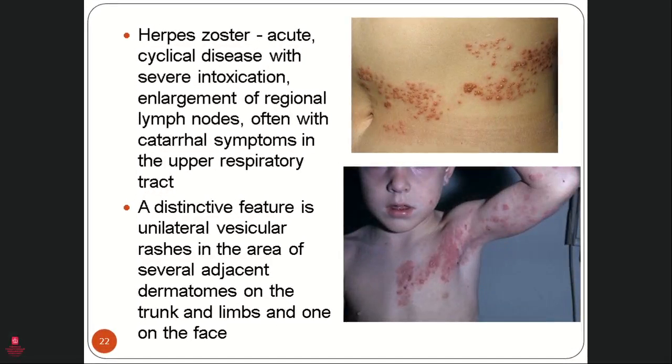Herpes zoster is an acute, cyclical disease with severe intoxication, enlargement of regional lymph nodes, often with catarrhal symptoms in the upper respiratory tract. A distinctive feature is unilateral vesicular rashes in the area of several adjacent dermatomes on the trunk and limbs and on the face.